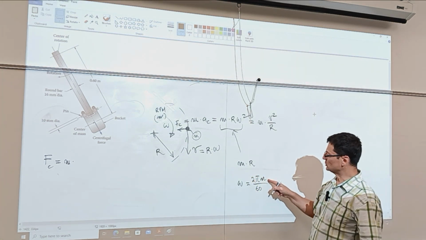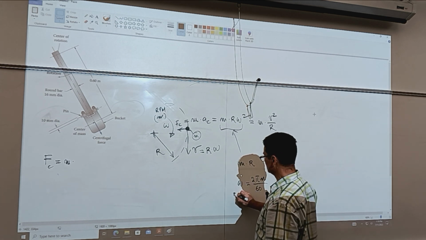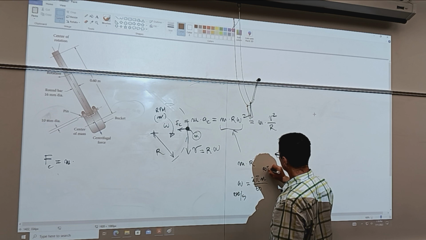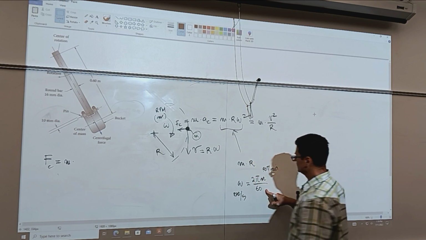I have N turns per minute, and these will be in radians per second. This is rotations per minute. That's why I divide by 60.